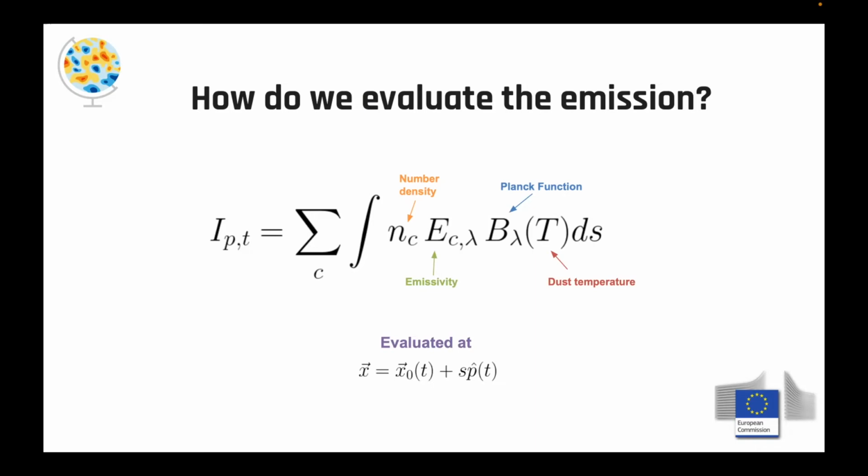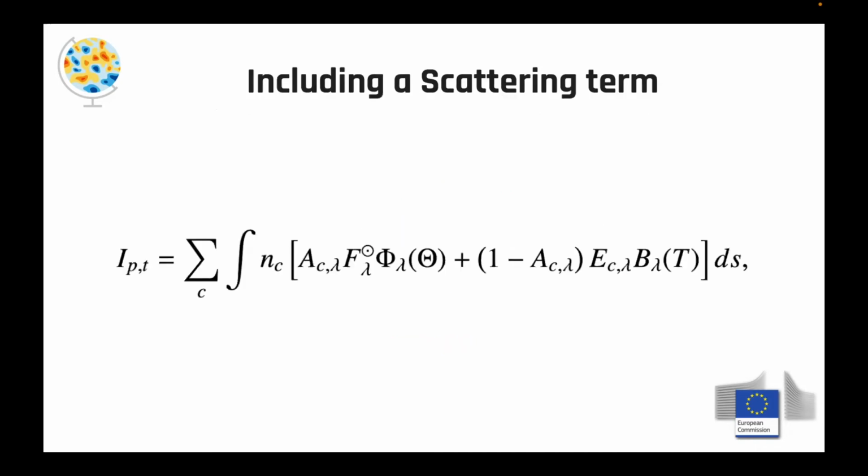But if you want to evaluate the model at infrared frequencies, or far infrared rather, then you can include a scattering term. And this is the equation from the Derby paper, where they construct this model. And here they've added a scattering term, which consists of an albedo, which essentially says something about what's the probability that this dust component will scatter some sunlight at this wavelength.